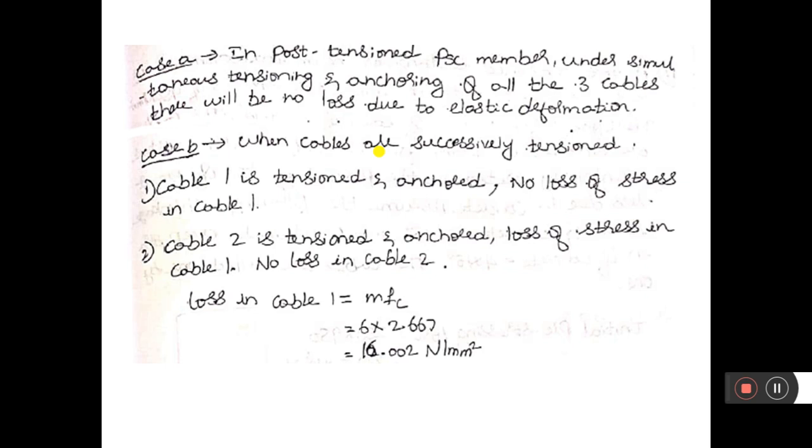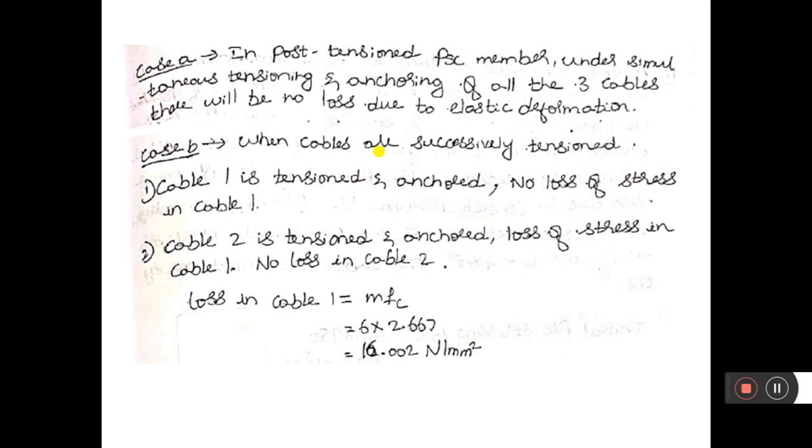Hence, when cable 1 is passed through the ducts and when it is tensioned and anchored, there is no loss due to cable 1. So loss in cable 1 is 0.